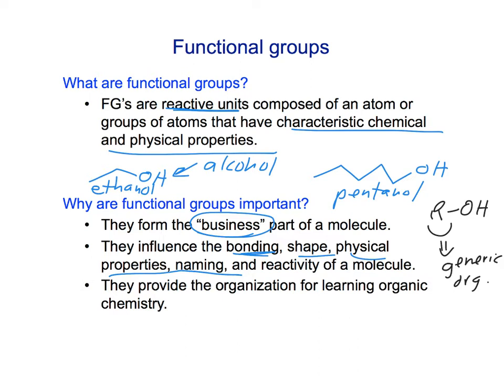So when we look at a new molecule that we haven't seen before, we'll always try to focus in on what the functional group is. Further, you'll notice that as you look through the textbook, many of the chapters are organized based upon their functional group. So the functional group organization gives us the order in which we do our teaching.